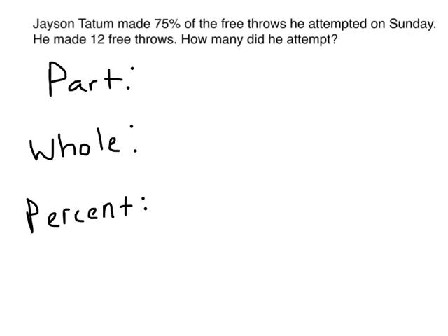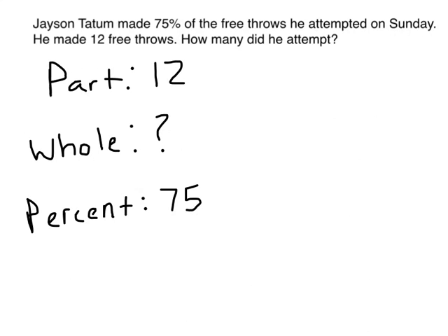What does 75 represent in this problem? 75 represents the percent. What does 12 represent in this problem? Here, 12 represents the part because it's only the free throws Jason Tatum made. The whole would be all of the free throws that he attempted. So here we're going to solve for the whole.